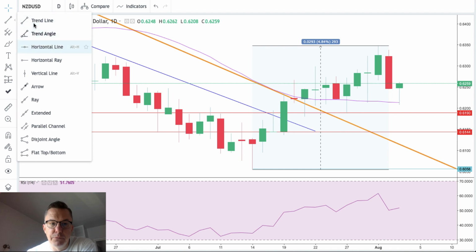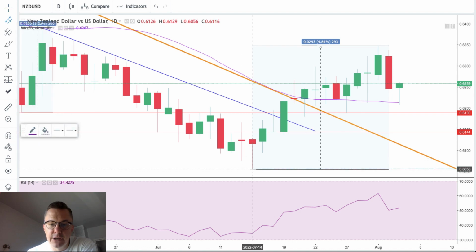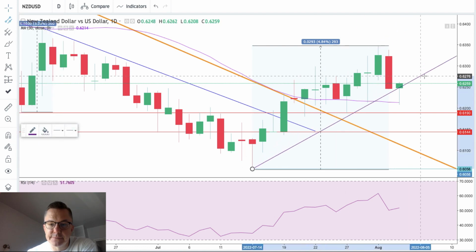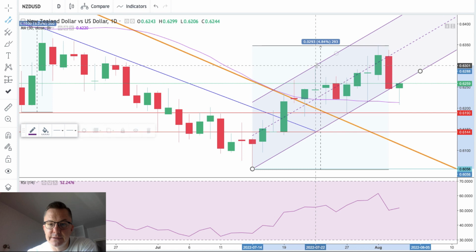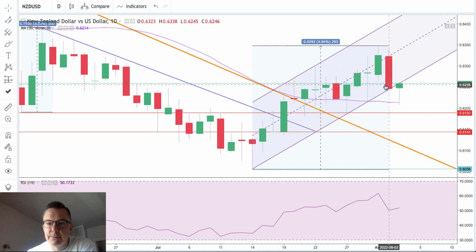If we put our parallel channel here during this pullback, you can see that we've been trading inside of this channel for quite some time, and then yesterday we have a bearish engulfing pattern, then a breakout lower, even despite the data that wasn't that bad.